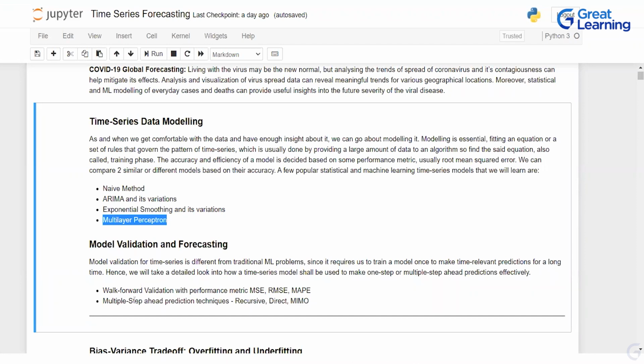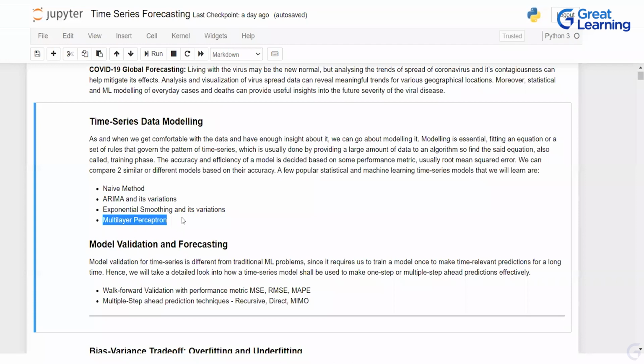Another name for that is rolling validation, or rolling window validation. Then you have multi-step ahead prediction techniques, where we will see recursive, direct, and MIMO, and also in the demo I have put direct input. And for walk forward validation, we will check the performance using MSE, RMSE, and MAPE values. So these are the things that we will look at.